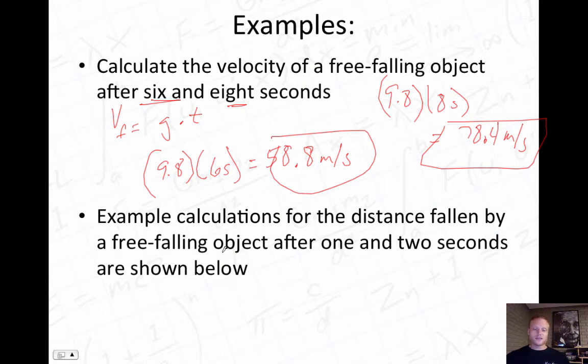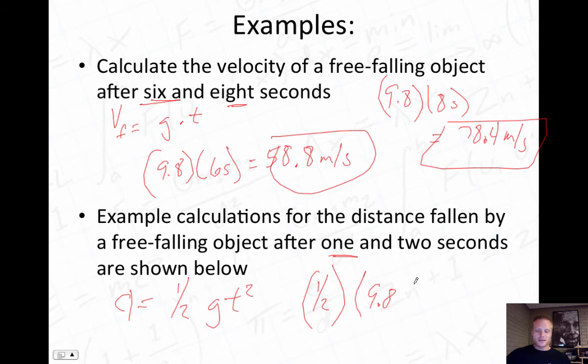The second one says calculate the distance fallen by a free-falling object after 1 second and 2 seconds. To do that, we're going to use this formula: d equals 1/2 g t squared. My first one is dealing with 1 second. So 1/2 or 0.5, whichever you prefer, times 9.8, which is the acceleration due to gravity, times 1 squared.